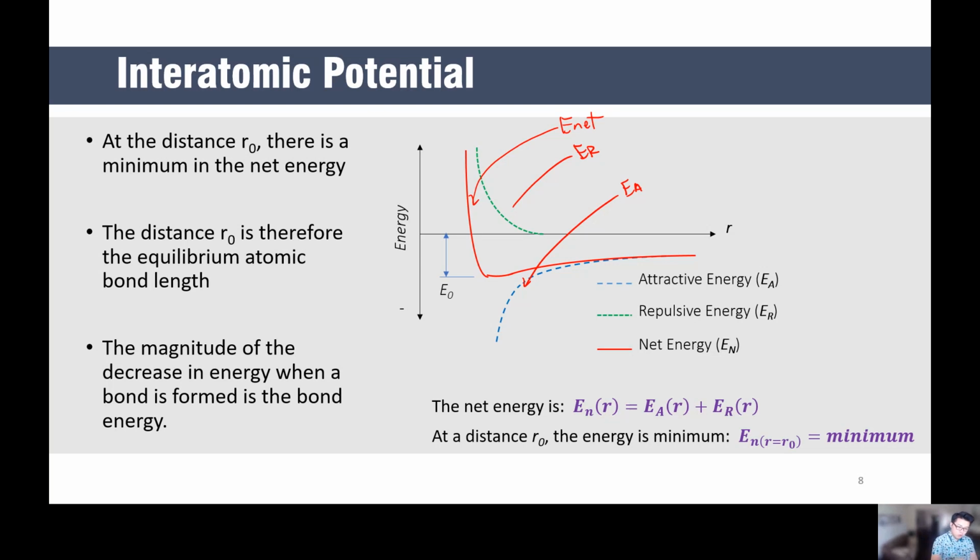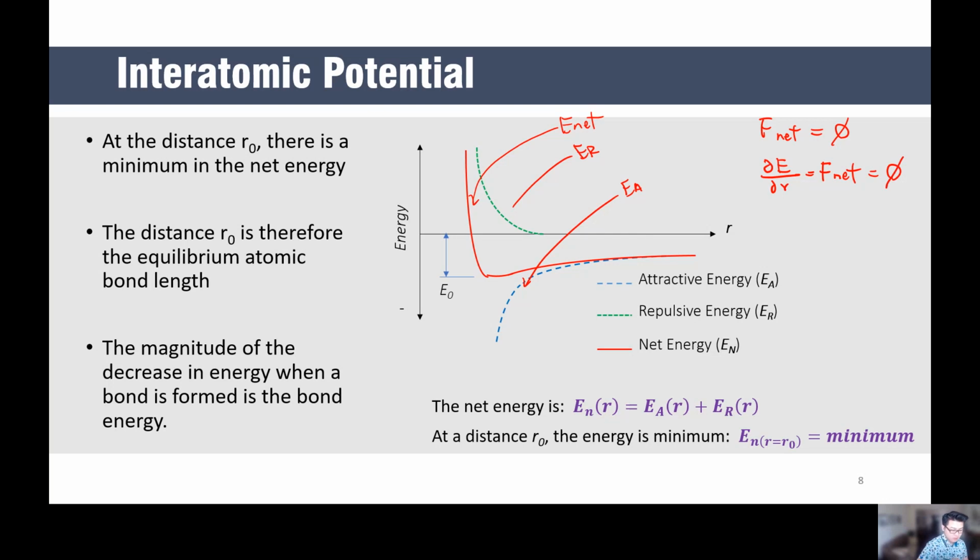So there's a magical point that we previously talked about. F net equals 0 is the atomic separation. We can also write dE over dr, which is F net, equals 0 as the equilibrium point.